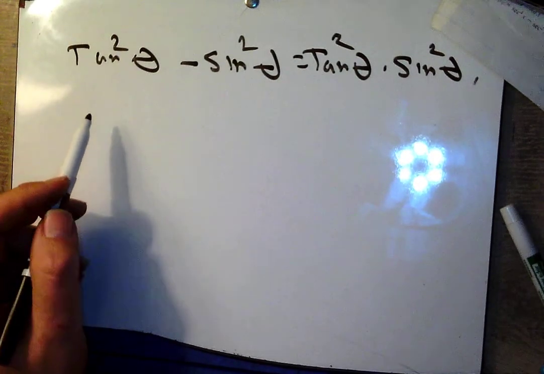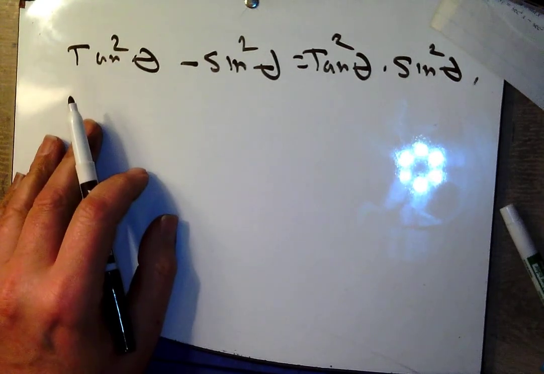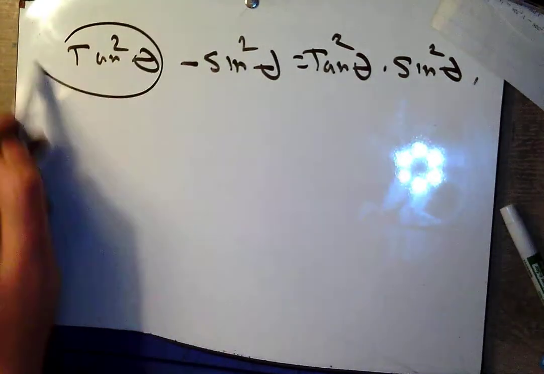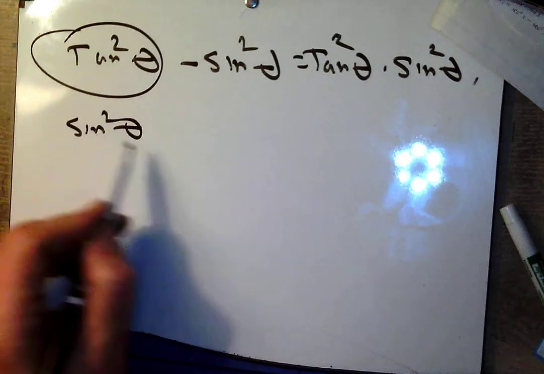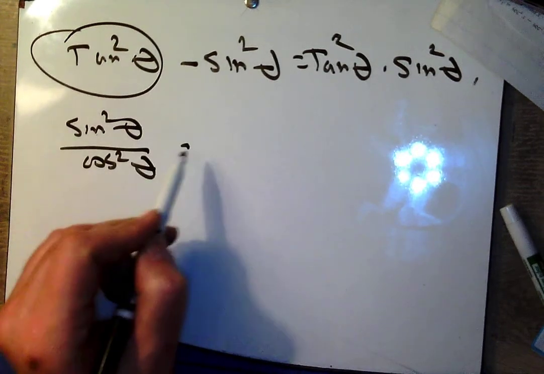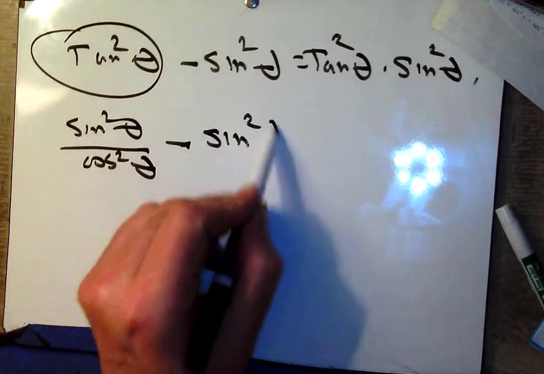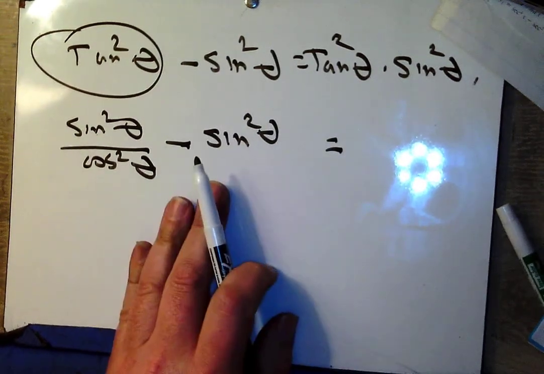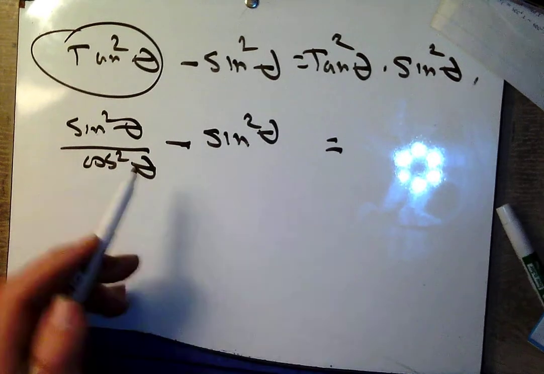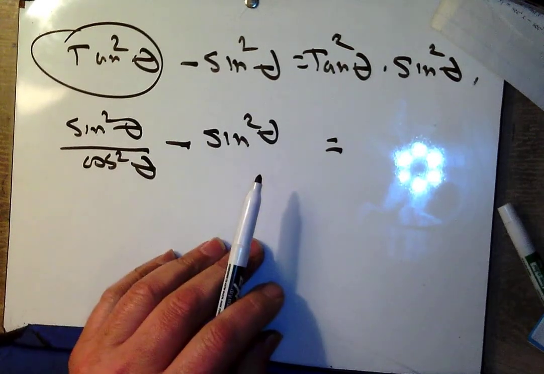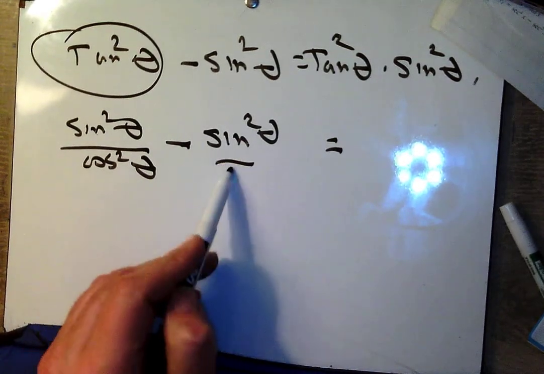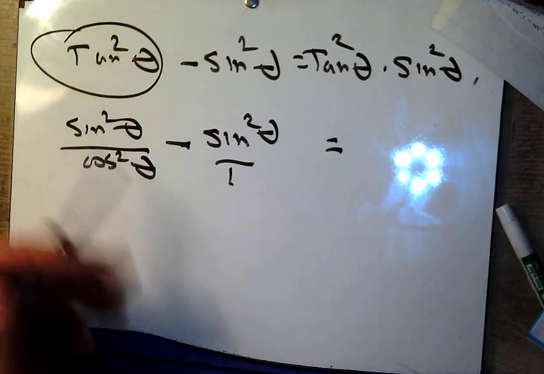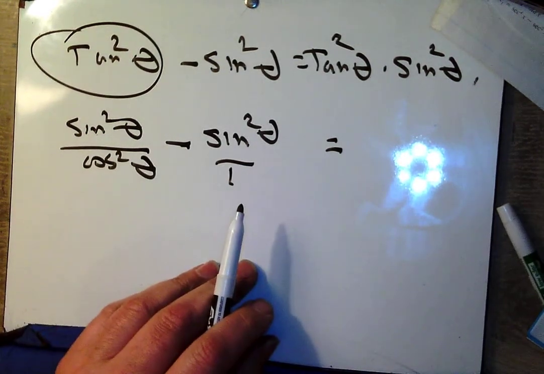Hey, welcome back. So, I'm wondering, what did you do? Most students turn this into sine squared over cosine squared minus sine squared. Now, at this point, some students make a common denominator. Yeah, I really don't want to make that common denominator. But if we were in the room together and you said, hey, can you show me making a common denominator?